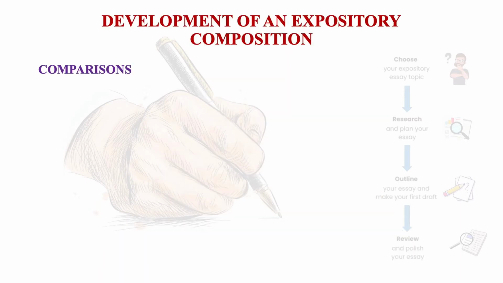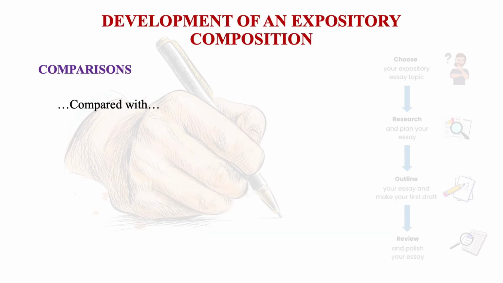Now again, there are specific expressions which are used for comparing two things or making contrast between two. Let me introduce you to certain specific expressions which are used to compare two things, such as like, compared with.